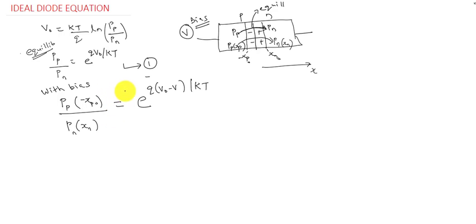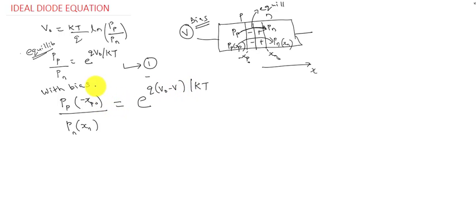V0 minus V means the contact potential will change to V0 minus V during forward bias condition, and during reverse bias condition the value will change from V0 to V0 plus V. We have already discussed that in the band diagram of forward bias and reverse bias conditions.